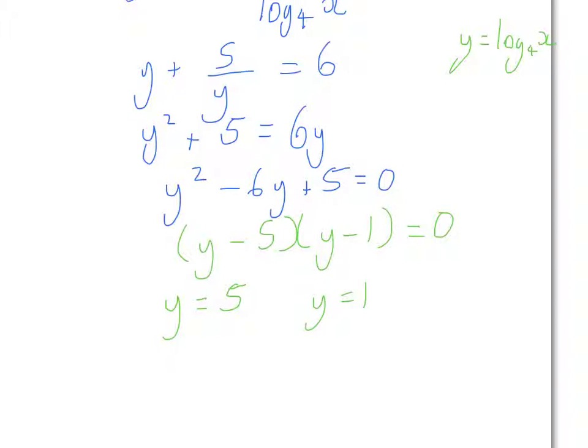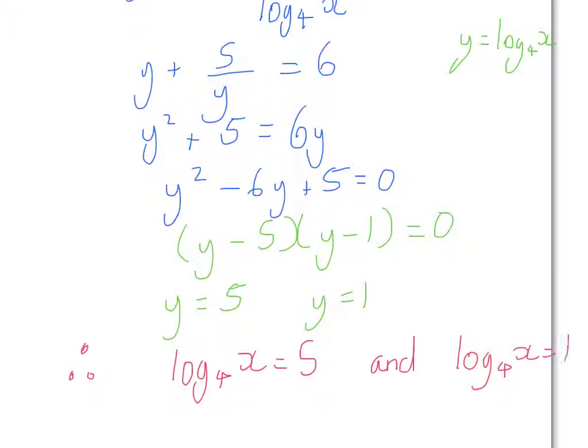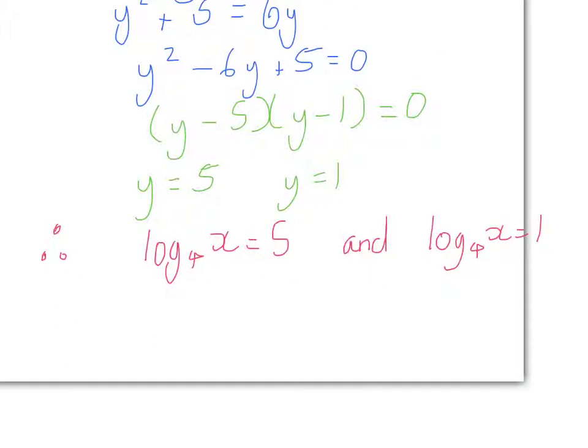Now if we look back and substitute in what we said y was equal to, we have, therefore, log to the base 4 of x equals 5, and we've also got log to the base 4 of x equals 1. Now, remember the definition of a log.